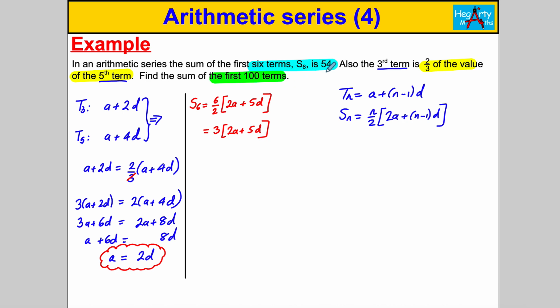And we're told this is equal to 54. So because S6 is equal to 54, I can therefore say that 3 times 2a plus 5d is equal to 54.